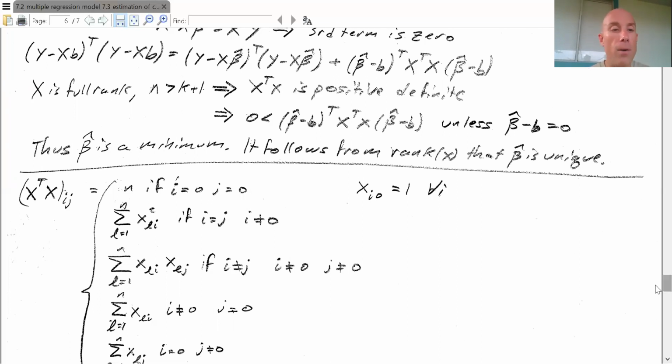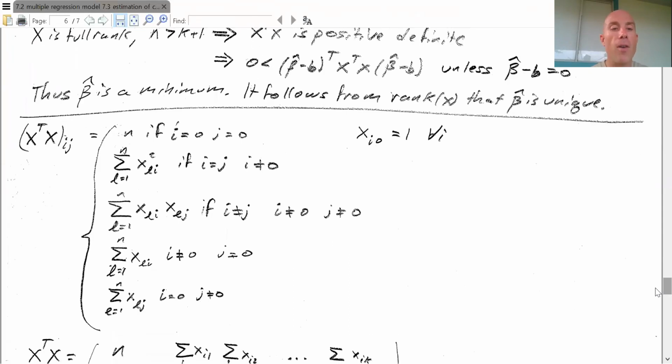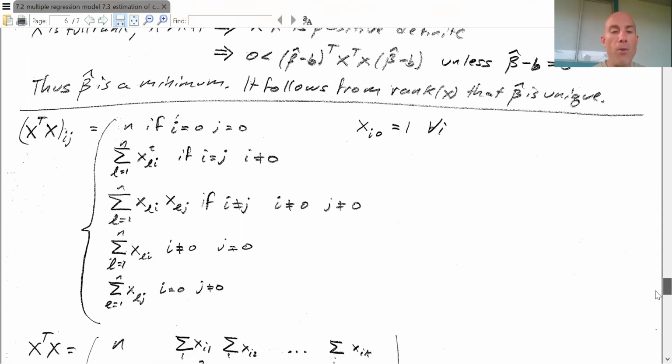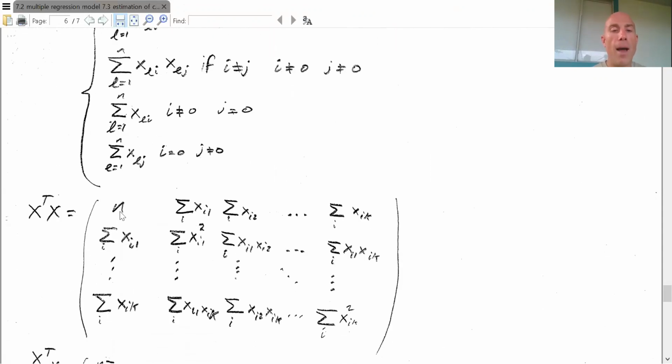All right, so now what is x transpose x? Here's a way to write it out. But if I want to put it in matrix form, I can put it this way. I have n, and then I have the sum of x's. This position that I have along the diagonal, I have the sum of squared x's, and I have terms of the product between the x's on the off diagonal.